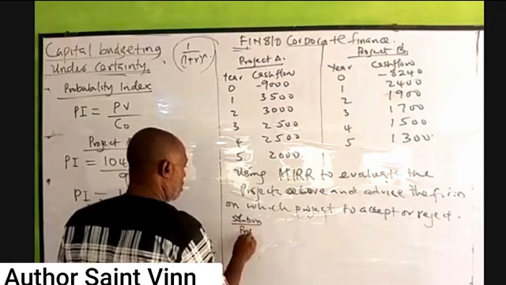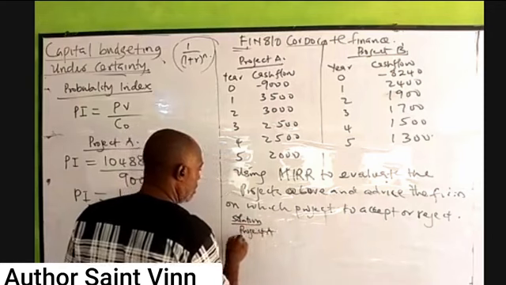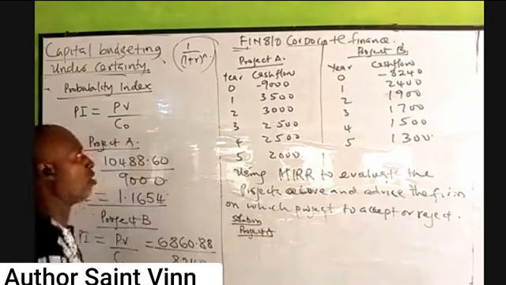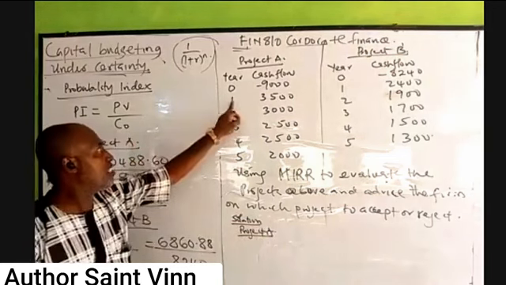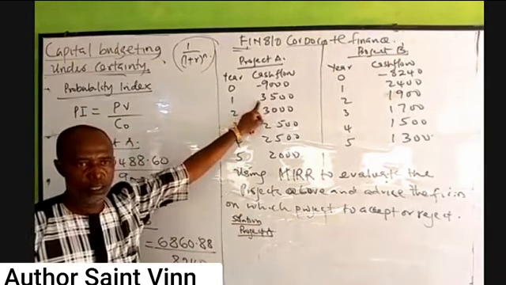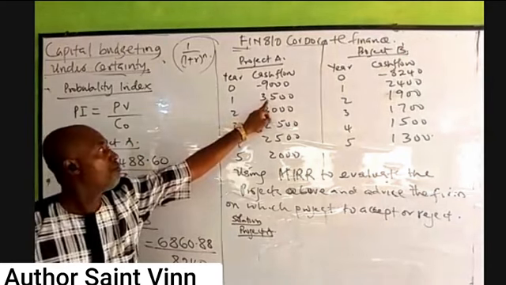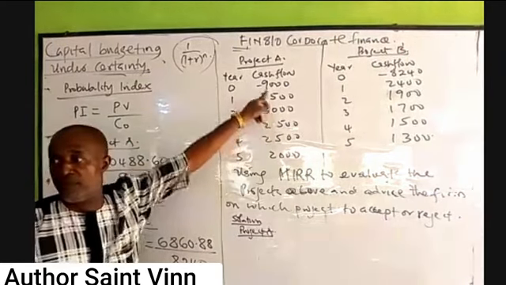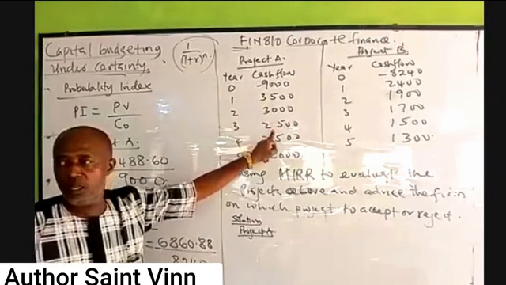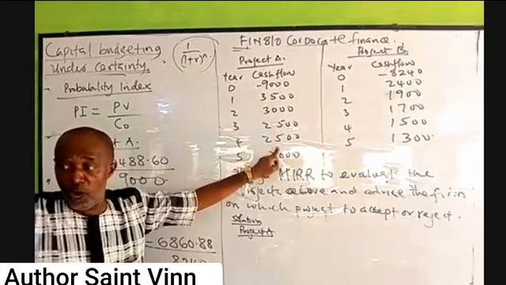Project A. So I will call it terminal value. Look at the board. This is cash flow times 1.1. I want to know the future value of 3,000. Future value of a series of what?